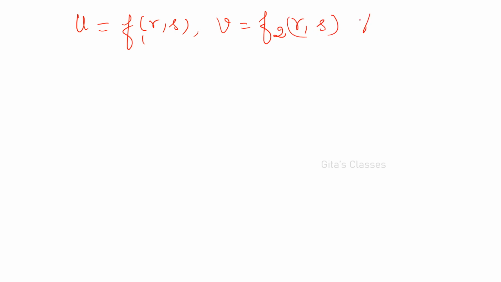And partial differentiation: suppose u is a function of r and s, and v is also a function of r and s, and r and s are in turn functions of x and y.